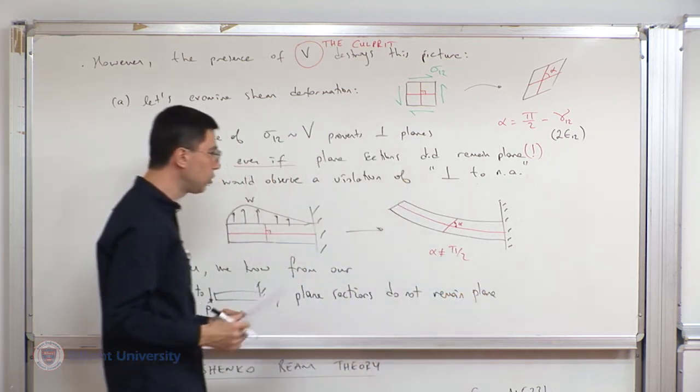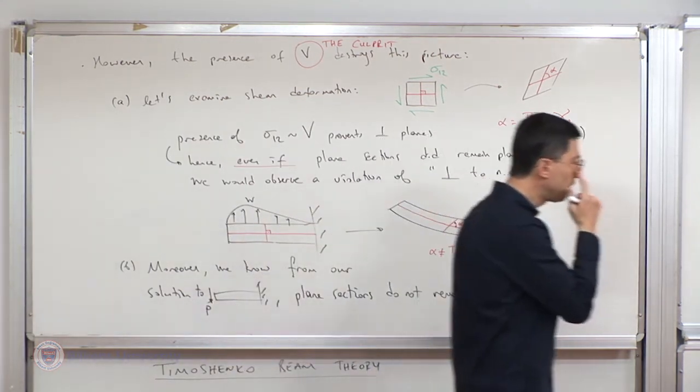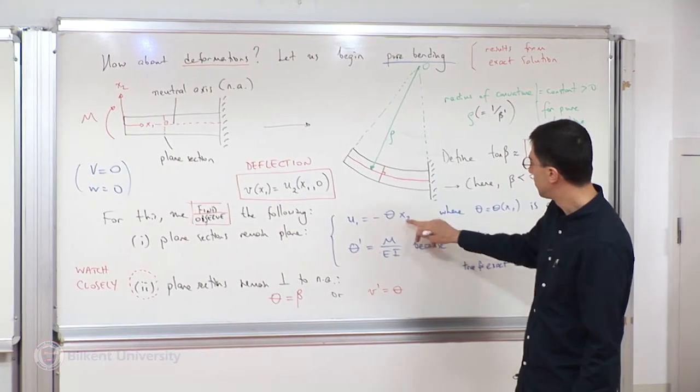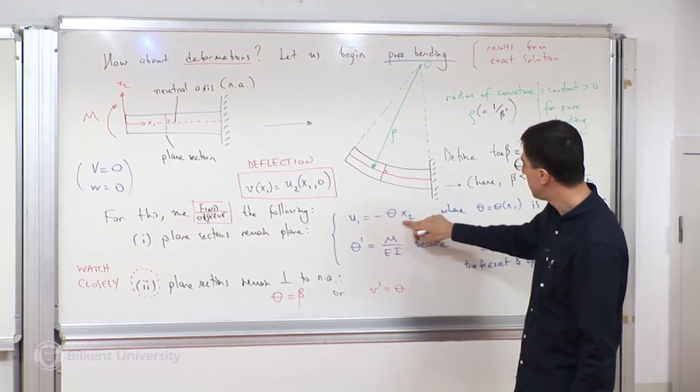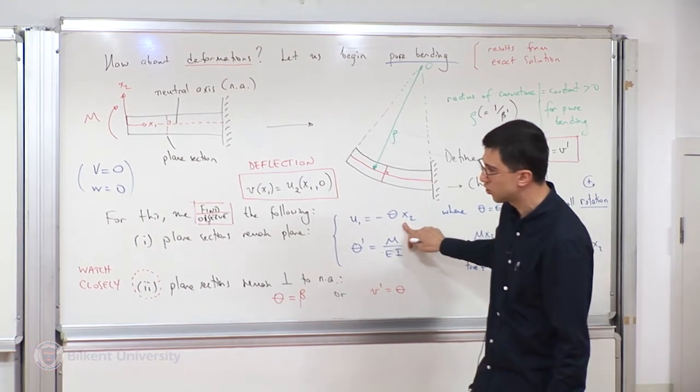In that case, we had observed that for U1 to remain plane, it has to have a linear dependence on the vertical coordinate x2.